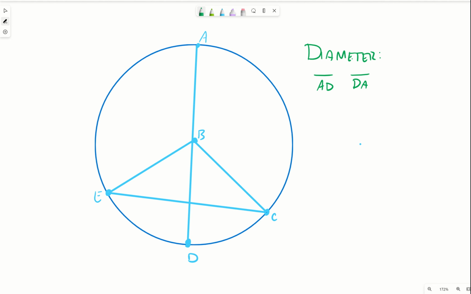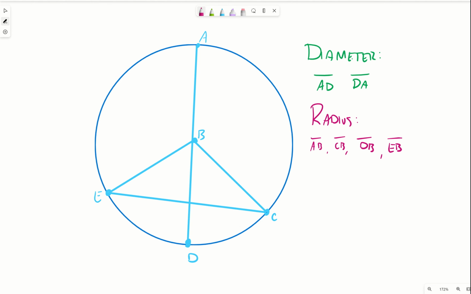Now, what about the radius? Name me a radius. Well, you got lots of options here. You've got line segment AB, CB, DB, EB, and you can do all of those backwards as well. There are 8 different options for my 4 radii here.